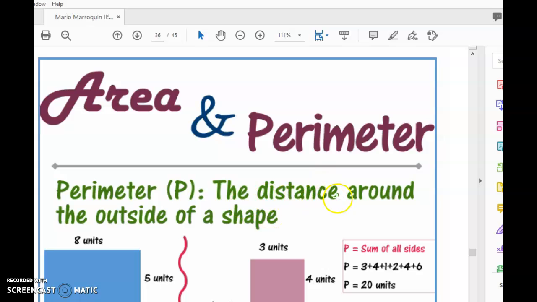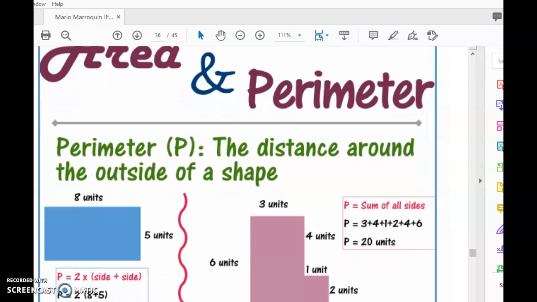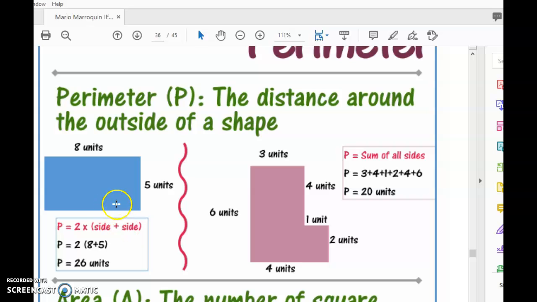The perimeter is the distance around the outside of a shape. So perimeter, P, is the distance around the outside of the shape. Right here, we have another rectangle. How would you find the perimeter for a rectangle? Yes, so you would do 8 plus 5. What is this side?